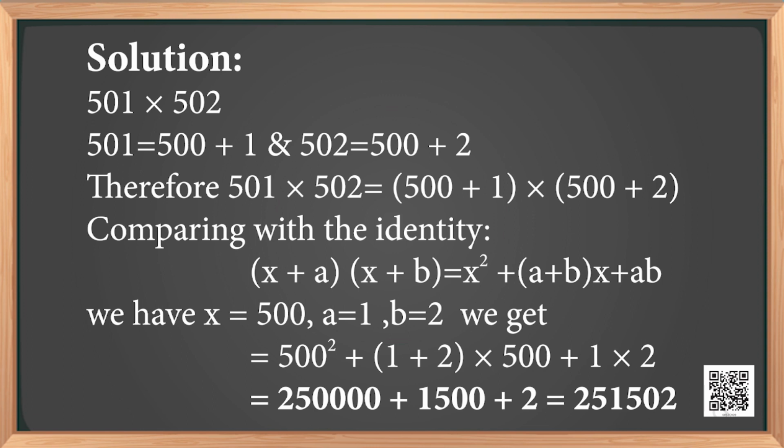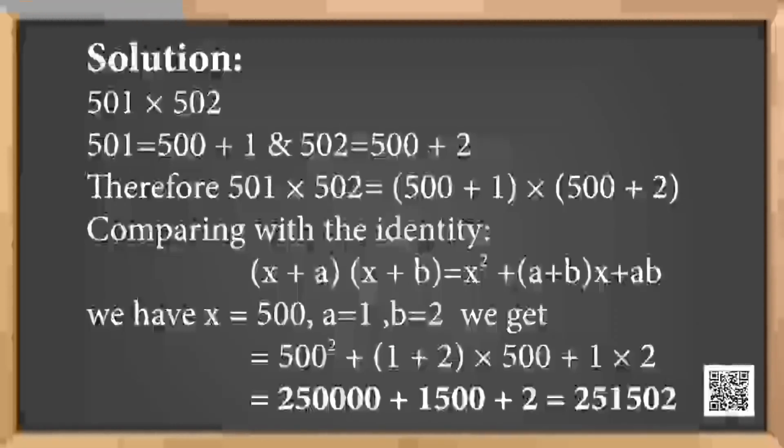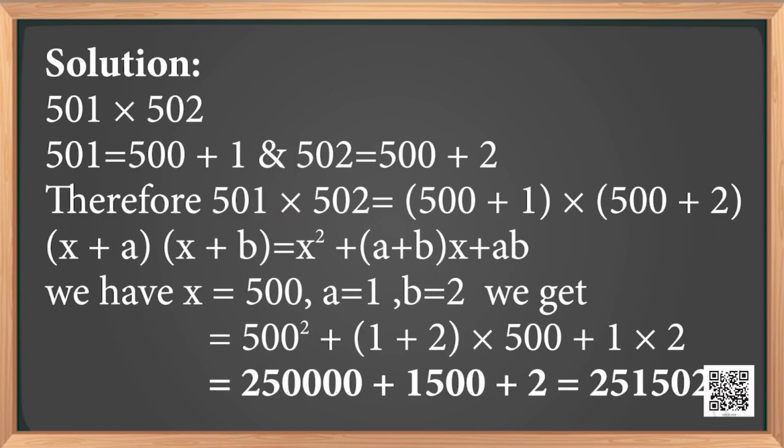We get 501 × 502 is equal to 500² + (1 + 2) × 500 + 1 × 2, that is equal to 250,000 + 1,500 + 2, that is equal to 251,502.